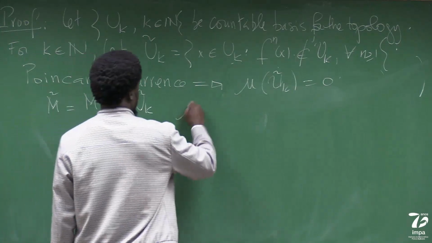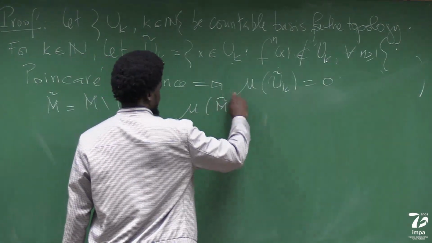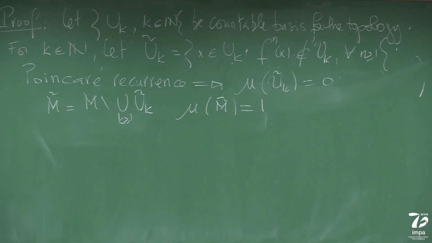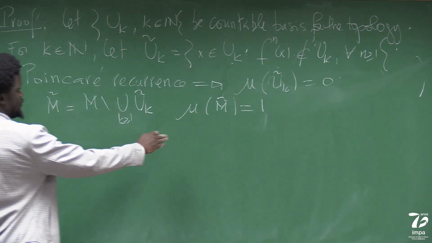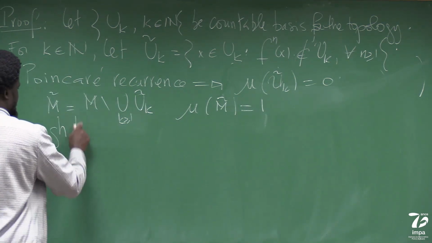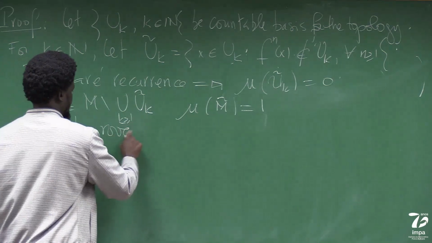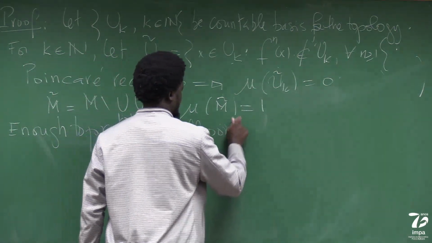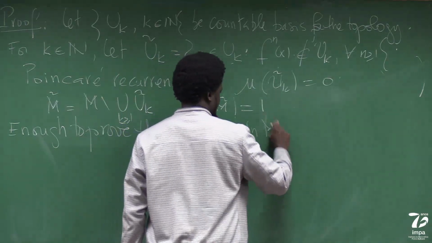So you have that mu of M tilde is 1. It is enough to prove that all points in M tilde are recurrent.